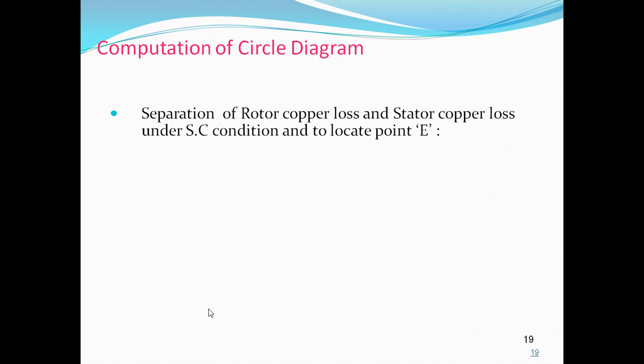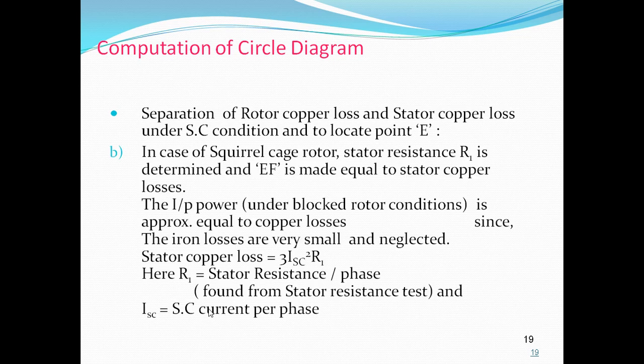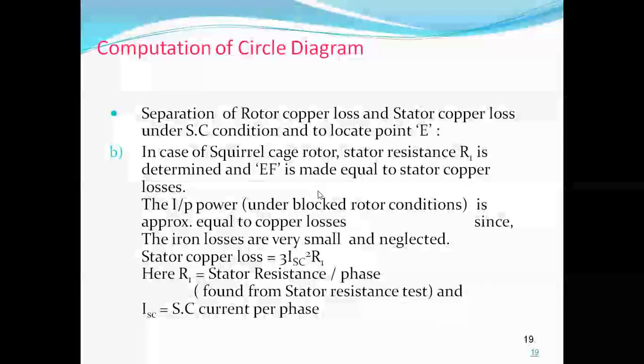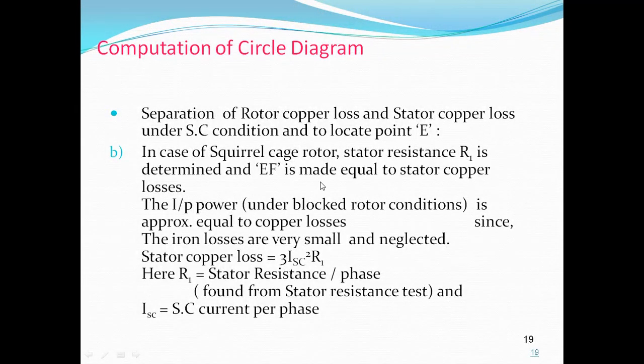Separation of rotor copper losses and stator copper losses under short circuit condition at point E. In case of a squirrel cage rotor, the stator resistance R1 is determined and EF is made equal to stator losses.